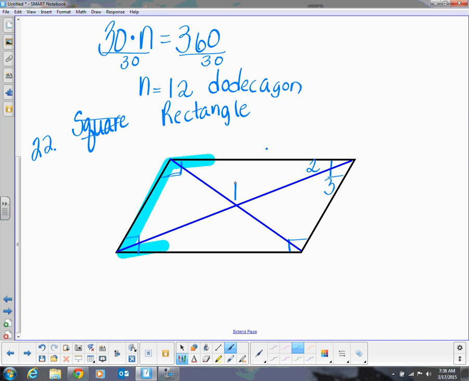This is angle 1, but this is 56. What's angle 1? 180 minus 56 is going to be 124. So we know this is 124.